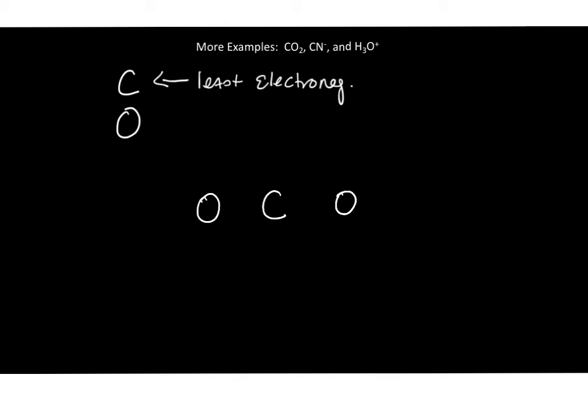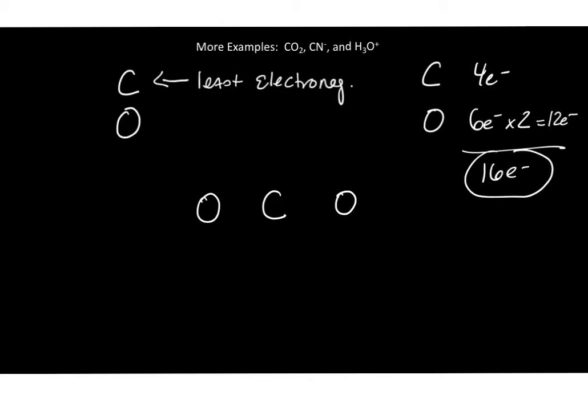I need to add up the number of valence electrons. That's step 2. Carbon has 4 electrons. Oxygen has 6 valence electrons, times 2, so that equals 12 electrons. It's a neutral molecule, and so that tells me that I'm working with a total of 16 valence electrons.